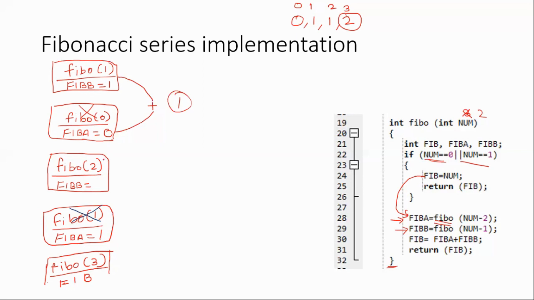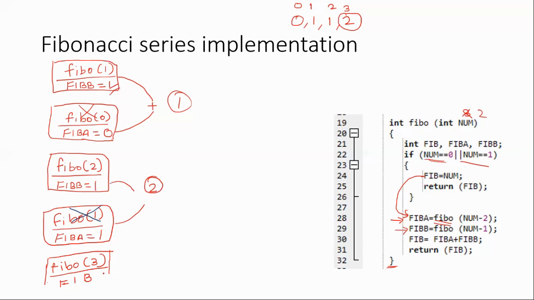So this same fib_1 will be used here, and here there is fib_a. Now these two will get added, and that will give the value 2.